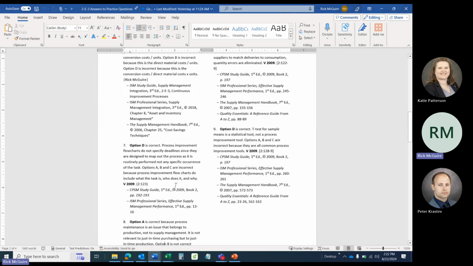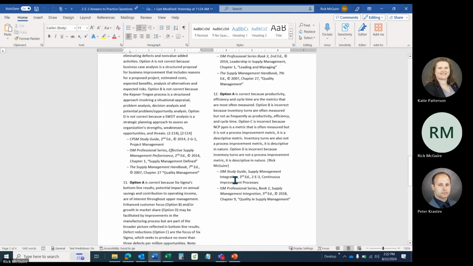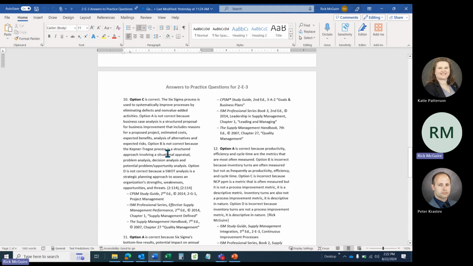Kind of a dumb question. 9 is delta. T-test for sample means is a statistical tool, not a process improvement tool. 10 is Charlie. Six Sigma process is used to systematically improve processes by eliminating defects and non-value added activities.